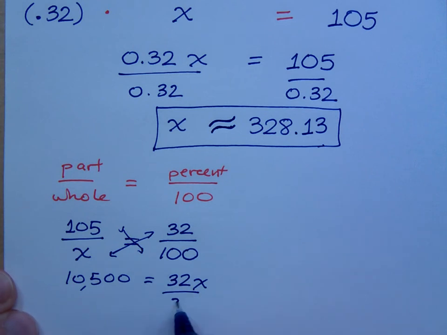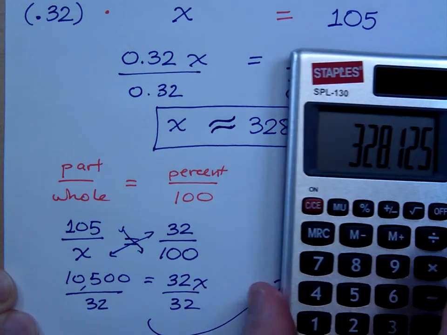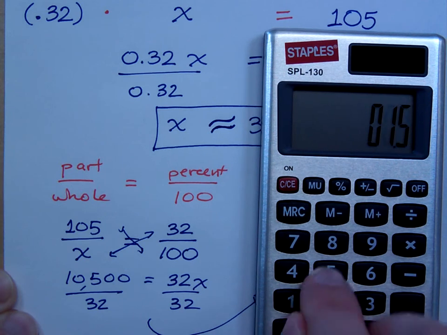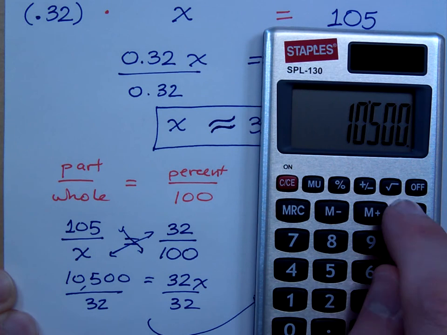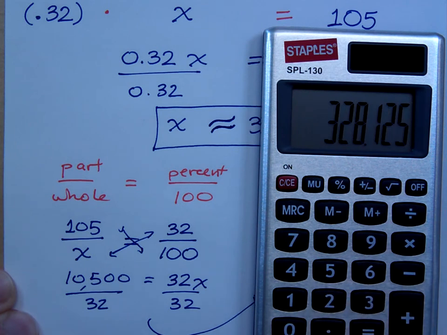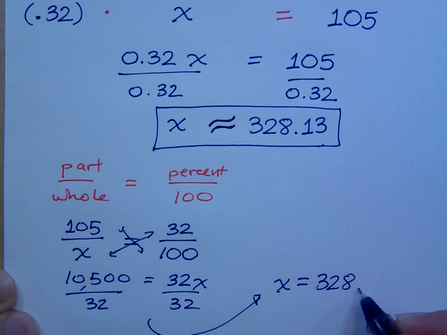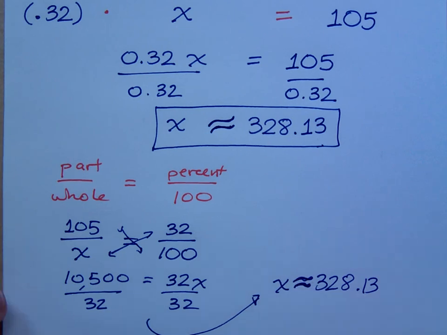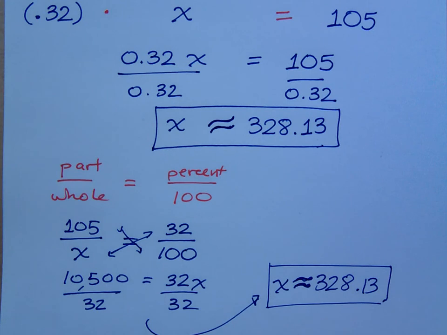When you divide by 32, guess what you end up with? 10,500 divided by 32 gives you that same decimal, 328.13 approximately. So it doesn't matter if you use the percent equation or the percent proportion. You still get the same answer as long as you do everything correctly.